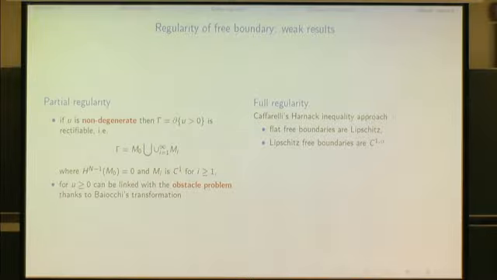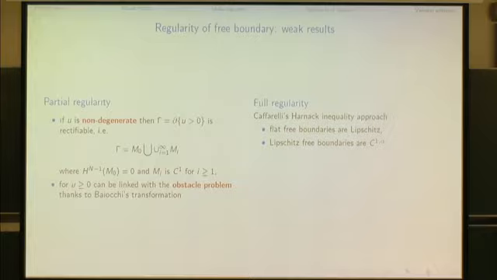Now, what about the regularity of the free boundary? Well, in general, one can separate the regularity results for free boundary problems into two groups. The first are also called weak regularity results, and then there are full regularity results. So the weak regularity result means that you basically get something like partial regularity.